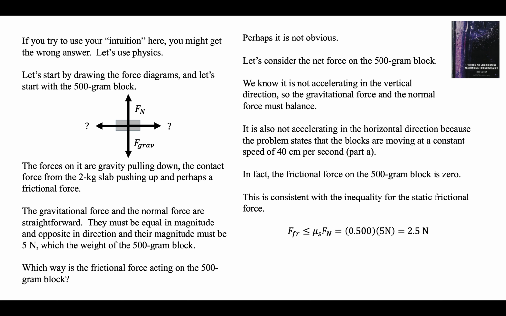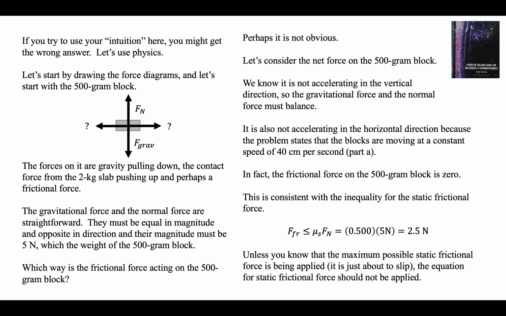We know what the maximum is, mu static F sub n, is 2.5 newtons, and it's less than or equal to 2.5 newtons, and 0 is indeed less than 2.5 newtons, so we're okay. Unless you know that it's just about to slip, you shouldn't be using that equation for the maximum static frictional force.